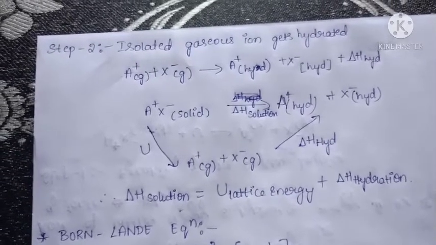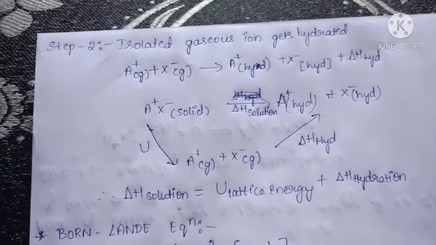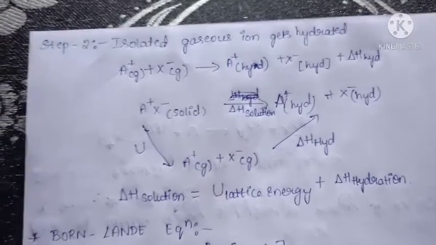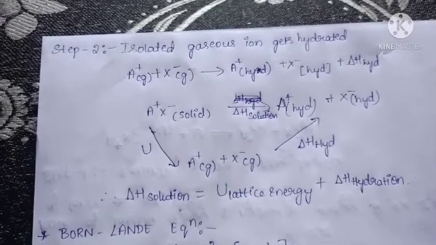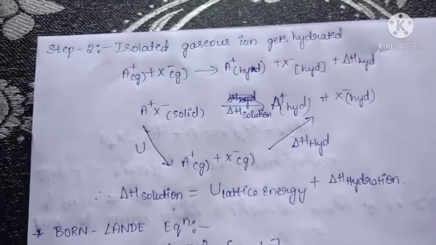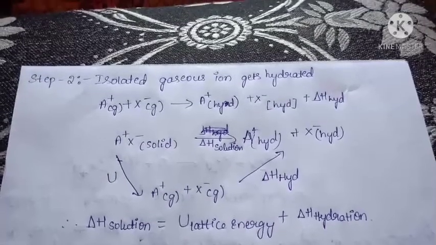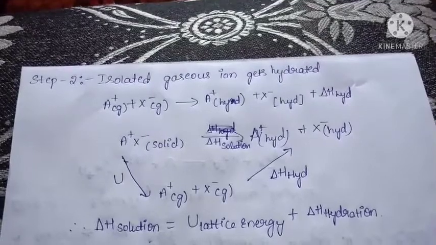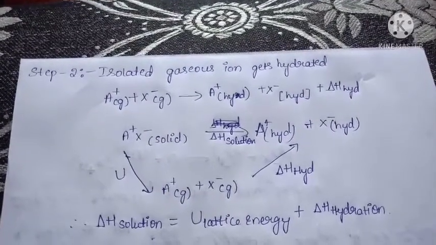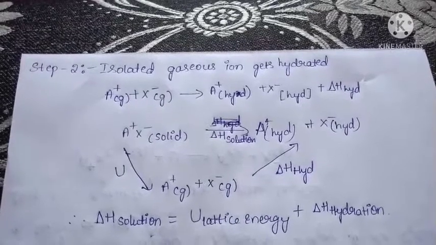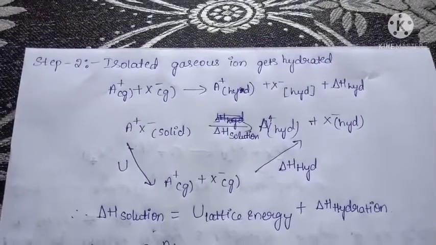Got it? In that way only the solute particles dissolve in the solvent. It means the hydration energy should be greater. When the hydration energy is greater than the lattice energy, the ionic solids dissolve in the solvent. I think you get the point.